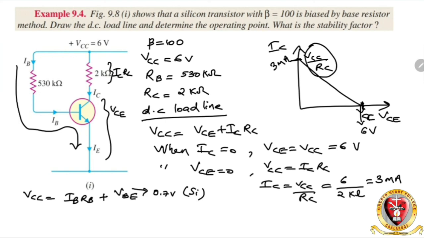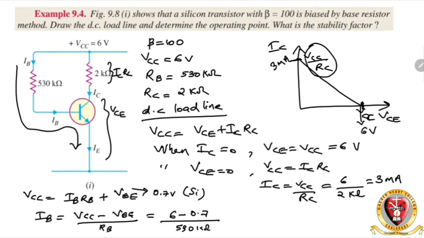Here no signal is applied, so this is a zero signal condition. So IB is the zero signal base current. IB is equal to VCC minus VBE by RB, that is 6 minus 0.7 divided by RB, 530 kilo ohm. So that is equal to 10 microampere. This is the value of IB.